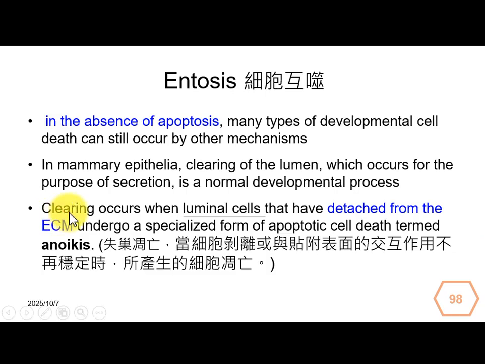Yeah, the cancer cell eats, and it's called entosis. The Chinese word, the first two characters are 细胞, cell. The last two characters, 互噬, eat each other. 噬 means eating, and 互 means mutual.